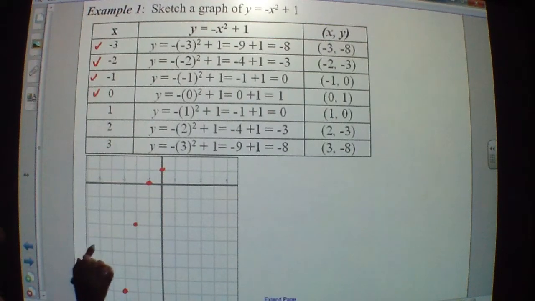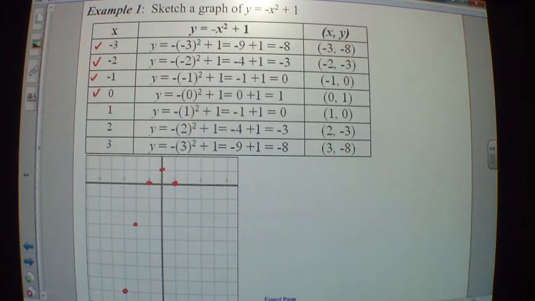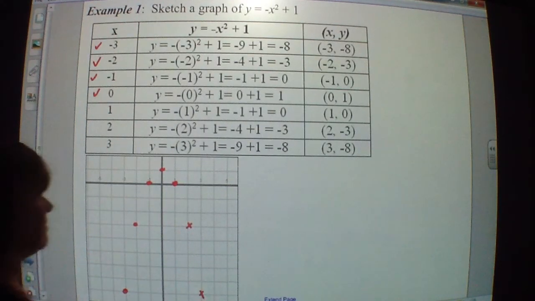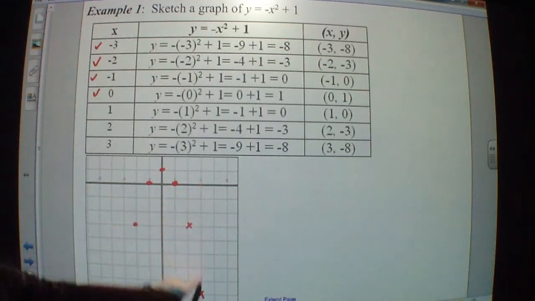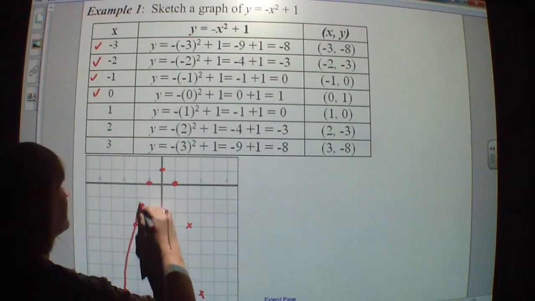I have (1, 0). And now looking at that, I bet there's a point right here. And I bet there's a point right here. But let's see. Is that what I have? (2, negative 3). (3, negative 8). Okay? So the graph looks something like this.